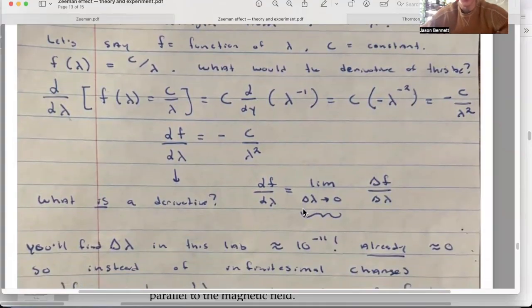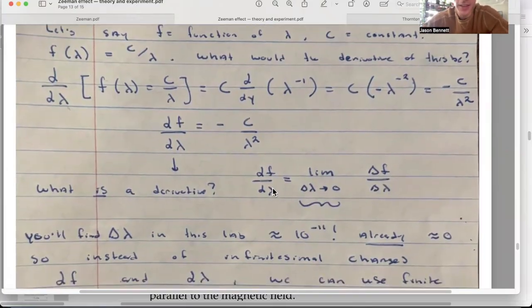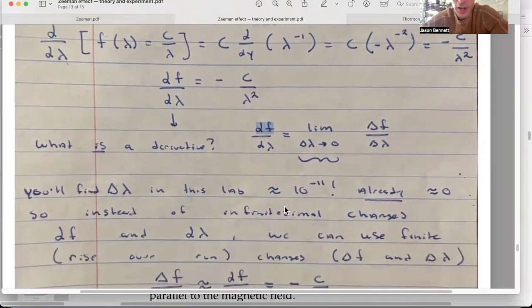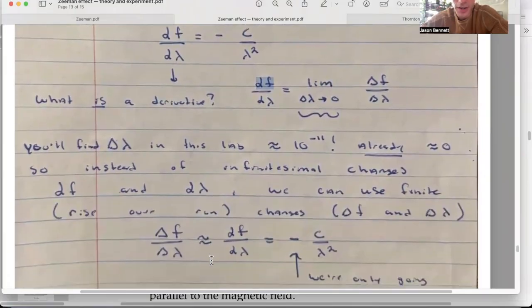Just to give you a little bit of a spoiler, the delta lambdas that you're going to be evaluating are like 10 to the negative 11th, 10 to the negative 12th. That's already pretty close to zero. So instead of keeping this derivative around, we're just going to say that it's a very, very good approximation because our values are already so small. So we're just going to use this as our equation.